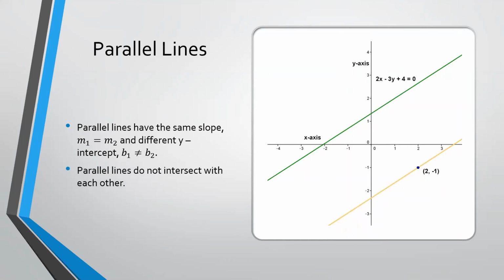So as you see on this picture on the side, the slope is 2 on your yellow line. On the green line, it gives you an equation: 2x minus 3y plus 4 is equal to 0.